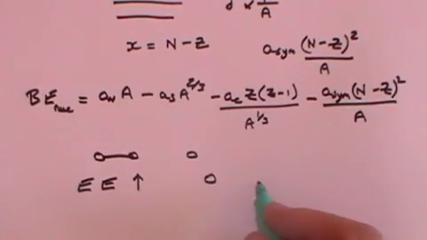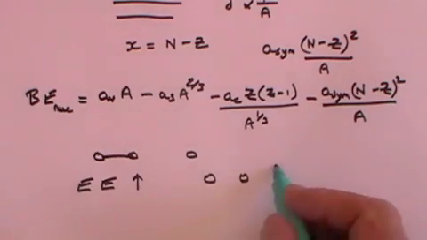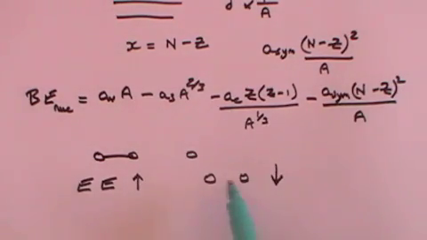If you've got an odd number of protons and an odd number of neutrons, then when they form pairs, there's always going to be one poor old proton and one poor old neutron left over without a partner. That actually reduces the binding energy, because those isolated proton and neutron are easier to get out of the nucleus. They're not bound by this pair, so their binding energy goes down. And basically, if you've got an even and an odd, so an even number of protons and odd number of neutrons, or the other way round, it kind of evens out.